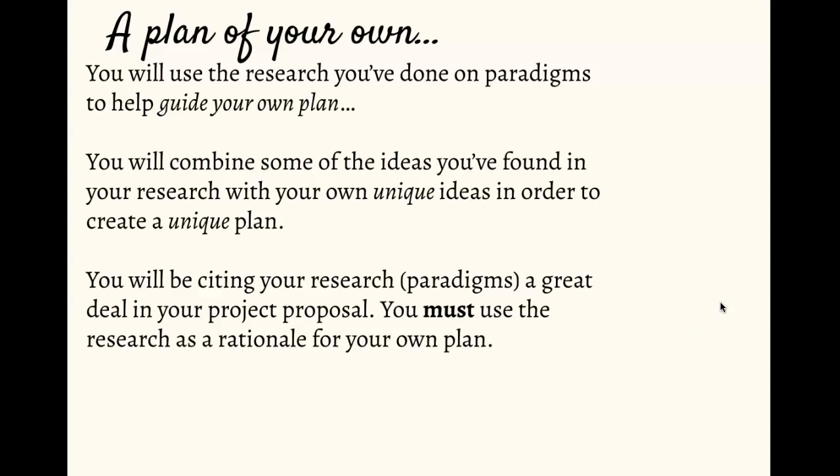You will use the research you've done to help guide your own plan, and you will combine some of the ideas that you found in your research with your own unique ideas in order to create a plan that's original and creative. You will be citing all of your research. These are all of your paradigms, your models of success, maybe pieces of theory, a great deal in your project proposal. Remember, we always cite, whether it's word for word, a quotation, or even if you're just paraphrasing. But you must use the research that you find as a rationale for your plan.